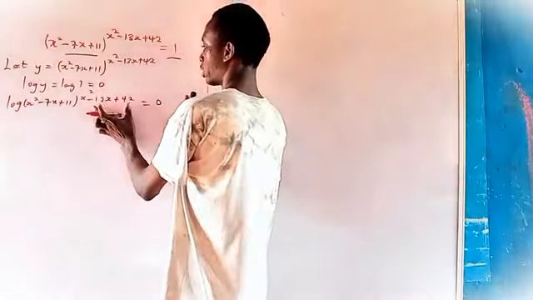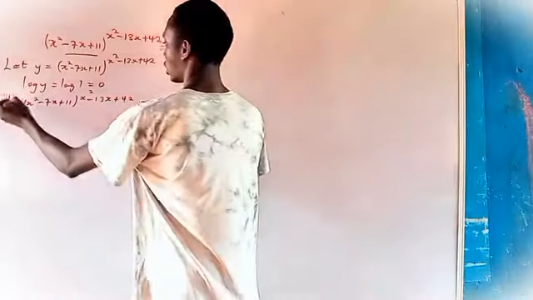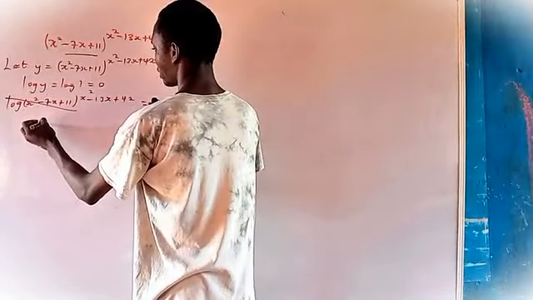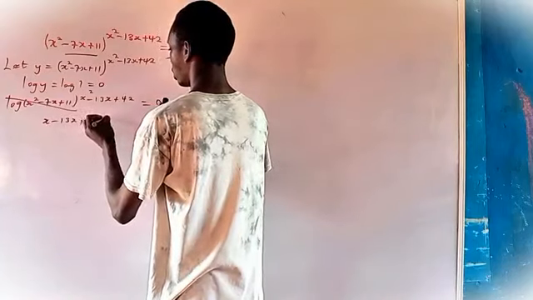The law of logarithm allows us to bring the exponent to the front of the logarithm. So the log of the base is going to cancel out, and I'll be left with x^2 - 13x + 42 = 0.